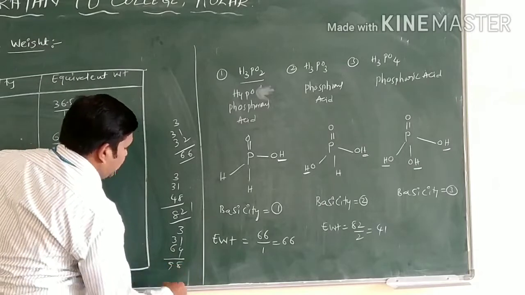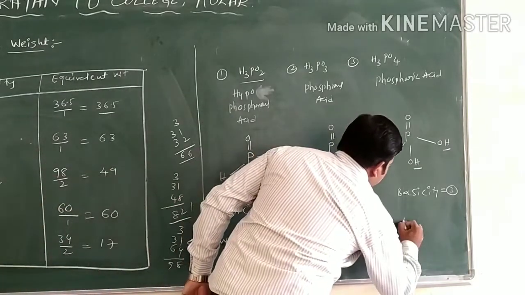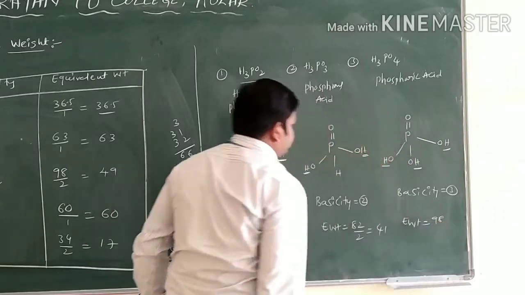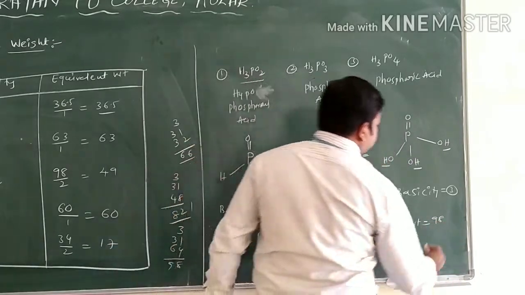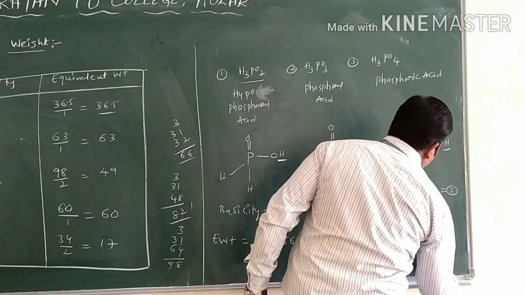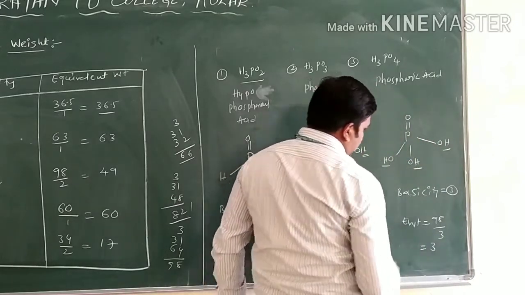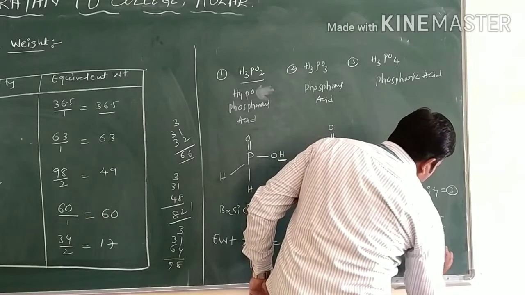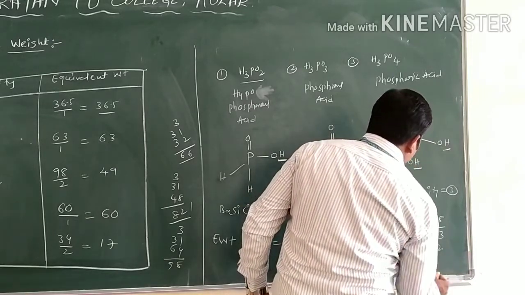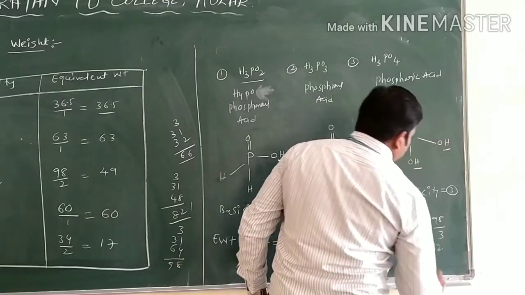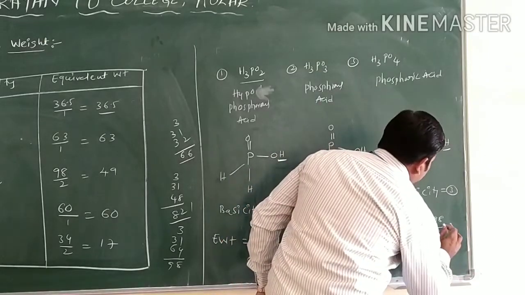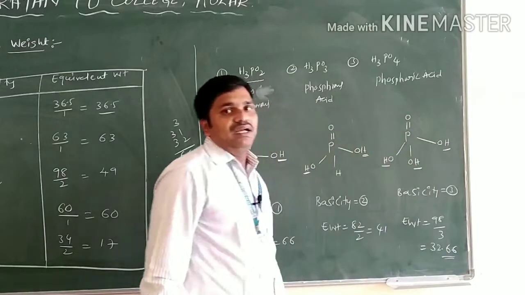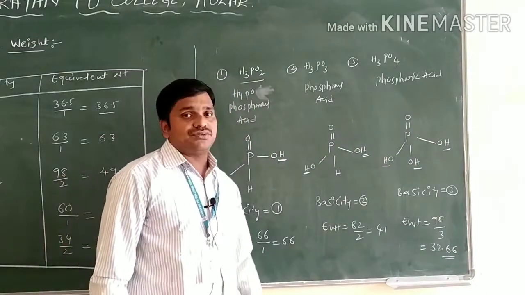In total we have 98. So equivalent weight is equal to 98 by 3. 3 3s are 9, 3 2s are 6, again you will get 32.66 is the equivalent weight of the acid only.